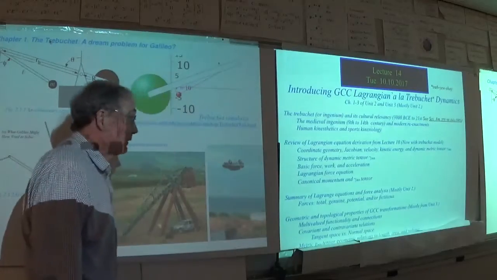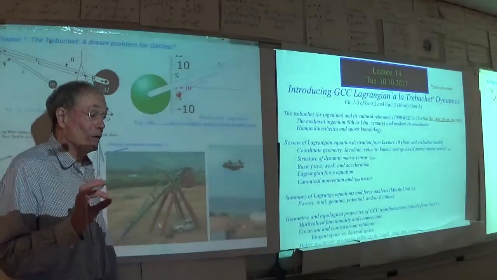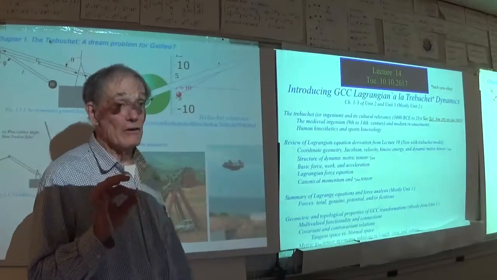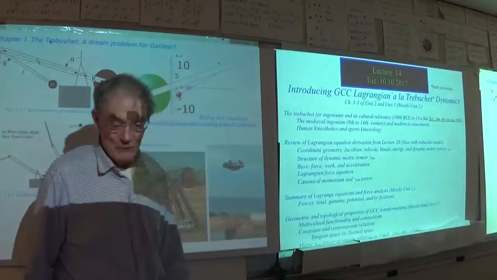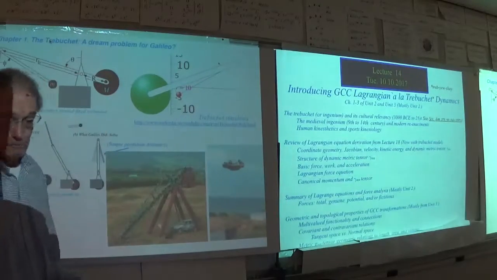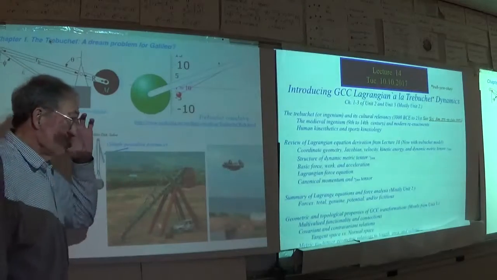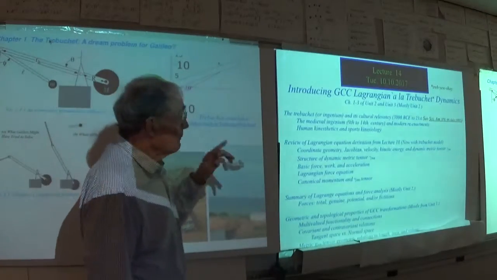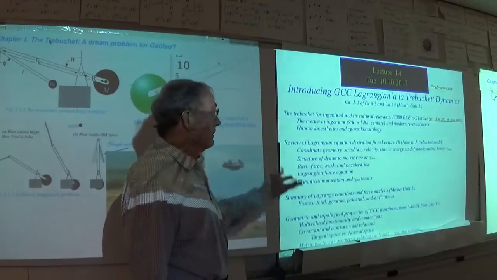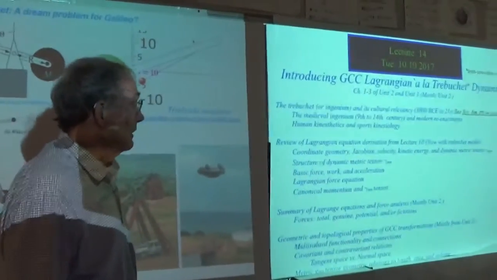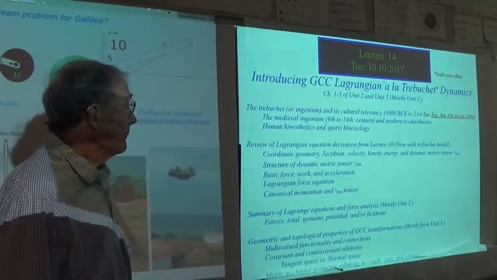All of that involves getting some part of a lever to go really fast without hurting yourself. So we're going to talk about that throughout the discussion here. But the main thing that we need to show is one more derivation of Lagrange's equations in a situation that's complicated, like this is a fairly complicated device.